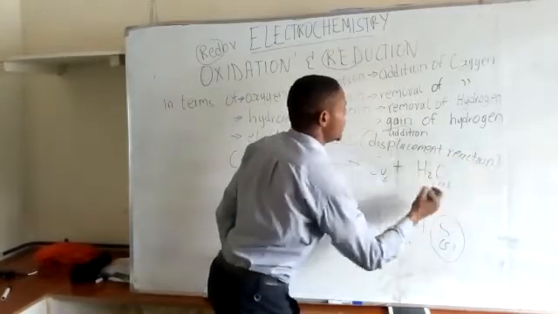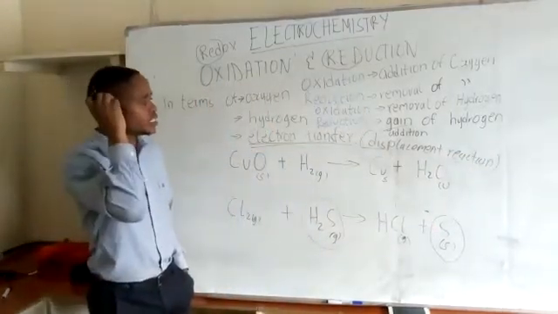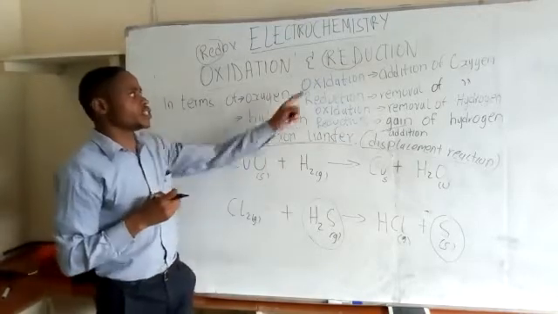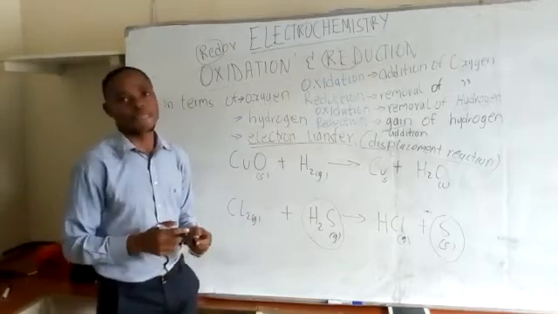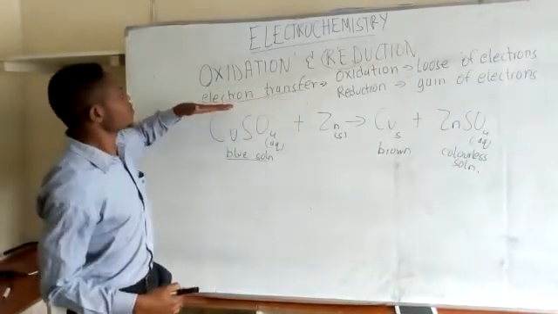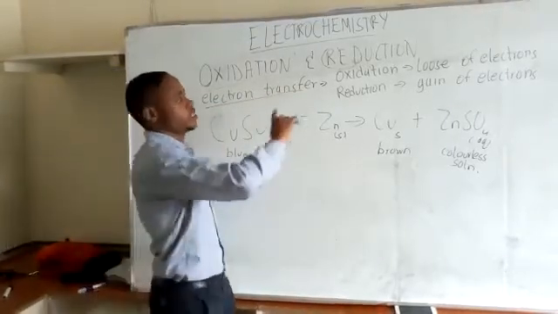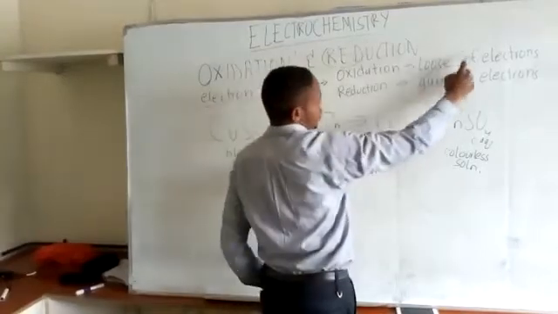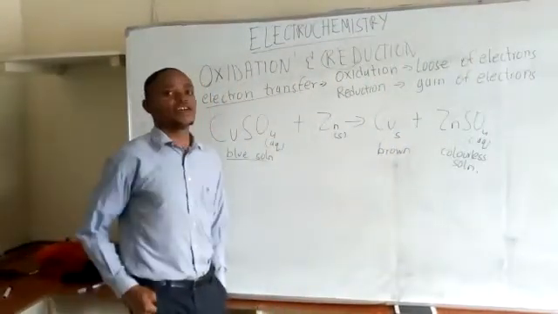Using a displacement reaction, we are now going to define oxidation and reduction based on electron transfer. In terms of electron transfer, oxidation is defined as the loss of electrons, and on the other hand, reduction is the gain of electrons.